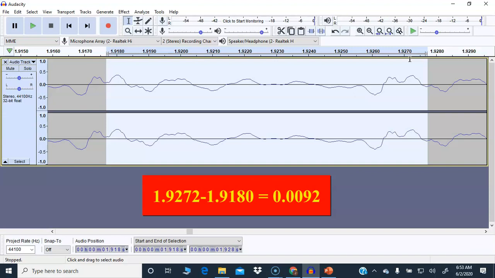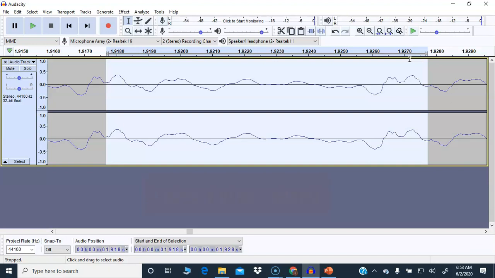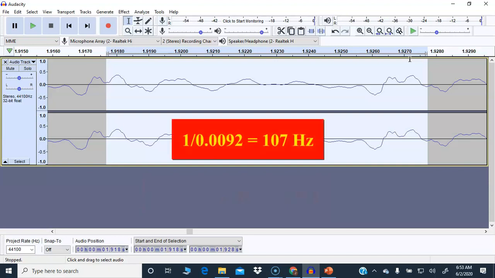That's the period. Now, if you remember from our discussion of waves, the reciprocal of the period is the frequency. So I'm going to take the reciprocal of 0.0092, and what I get is 107. So that is the frequency of my voice: 107 cycles per second, or hertz.